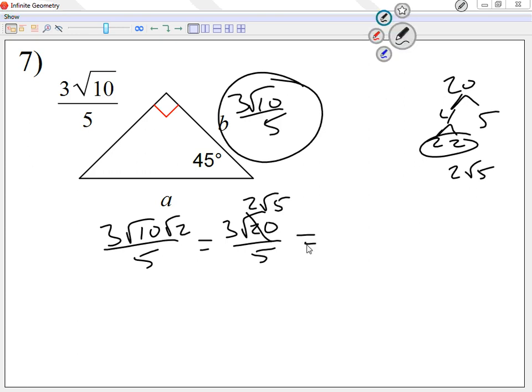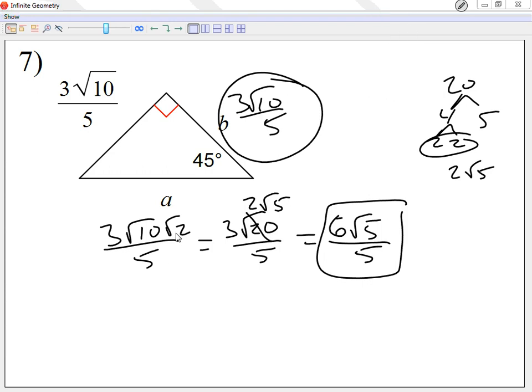Now on the top, I have 3 and 2, they're whole numbers. So I can multiply that. 3 times 2, I'm going to get 6 radical 5 over 5. All I did was multiply the top by radical 2. But once again, radical 20 can be simplified.